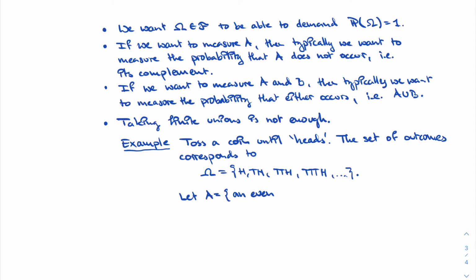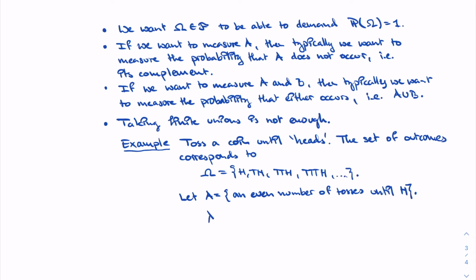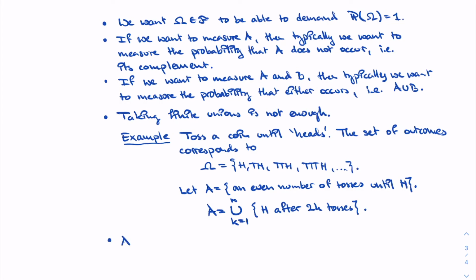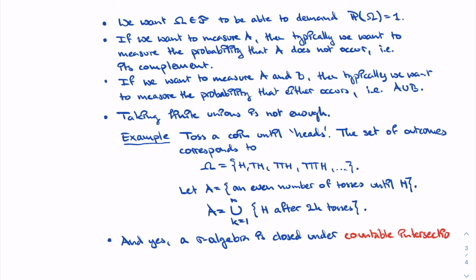All these individual outcomes are interesting, but also the event that an even number of tosses are required until heads. This event is a countable union of the individual outcomes. And yes, a sigma-algebra is also closed under countable intersections, as those can be rewritten in terms of complements and countable unions.